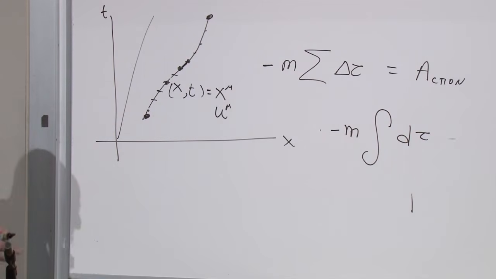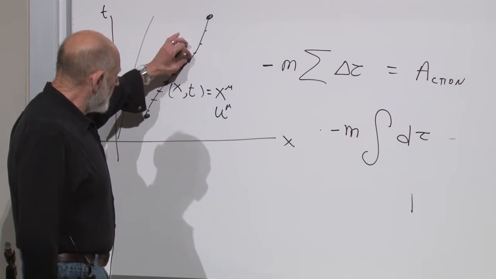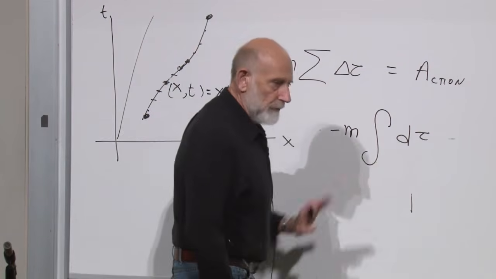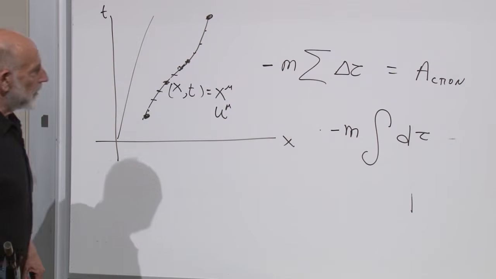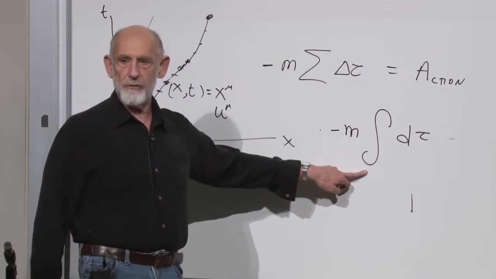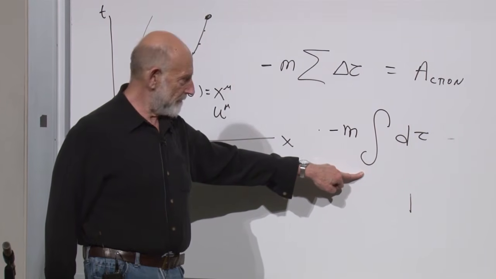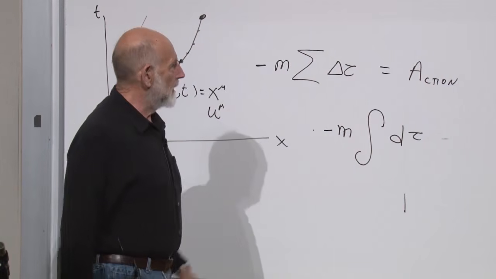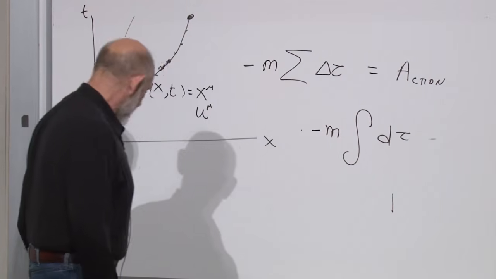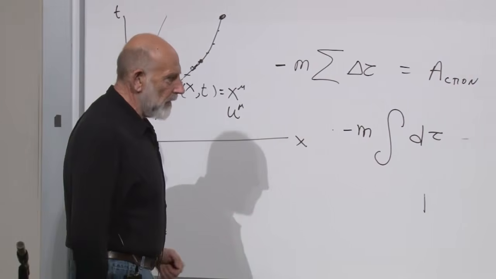The integral, and I'll explain exactly what this means in a moment, is the sum of little infinitesimal d taus from one place to another. There's a reason why the integral is written by this curly symbol. You know what the curly symbol means? Sum. Right? And delta tau just becomes d tau from the initial end of the trajectory to the other end.